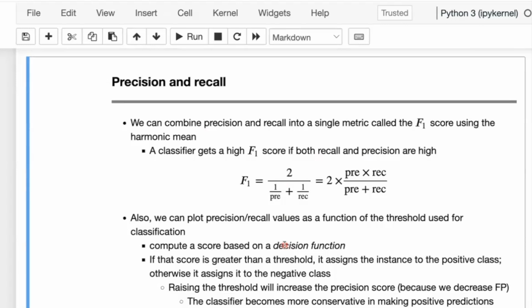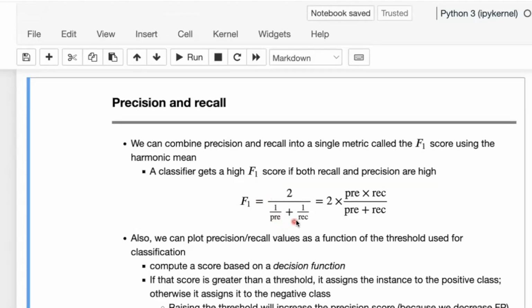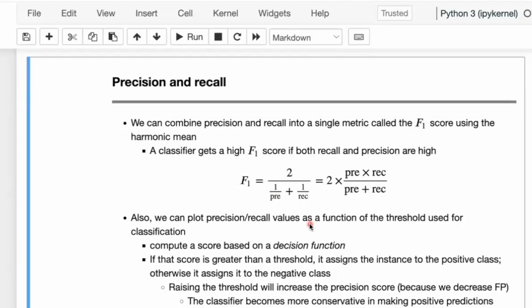One way to do this is using F1 score, which is the harmonic mean, not arithmetic mean, of precision and recall. Harmonic mean is defined for two numbers as 2 over 1 over the first one plus 1 over the second one. You can simplify this and you can see that this is equivalent to 2 times precision times recall over precision plus recall.